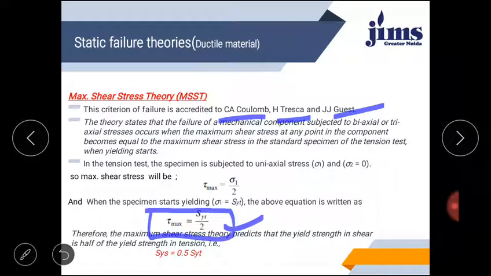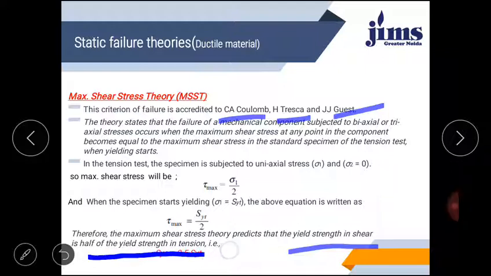What this relation tells you is that maximum shear stress theory predicts that the yield strength in shear is half of the yield strength in tension, that is SYS is equal to 0.5 of SYT. Actually, in a simple tension test we do not determine the shear strength of the material.